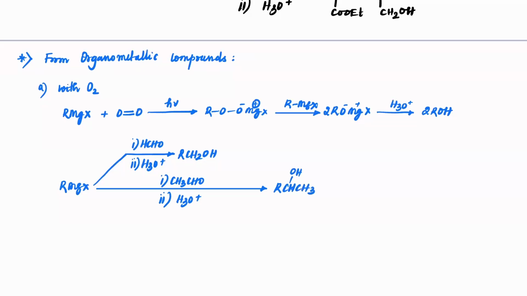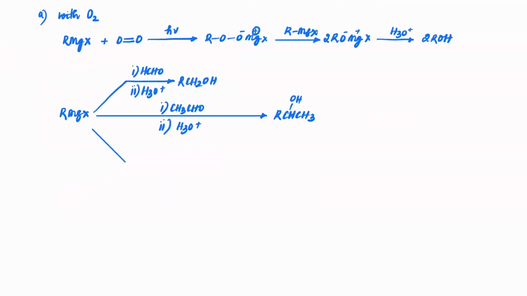And if it is with a regular ketone like acetone, CH3COCH3, followed by hydrolysis, that will give you a tertiary alcohol, with OH, CH3, and R. So this is the product you will get. Got it?